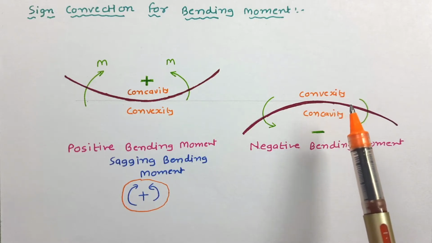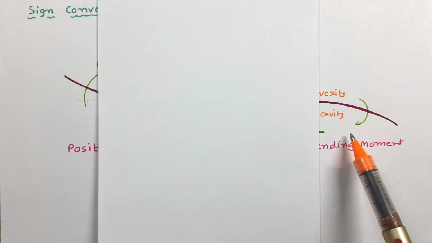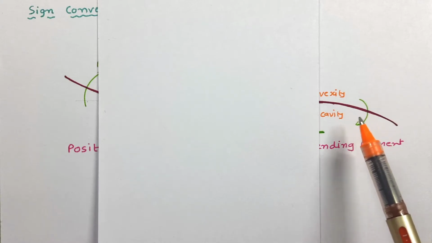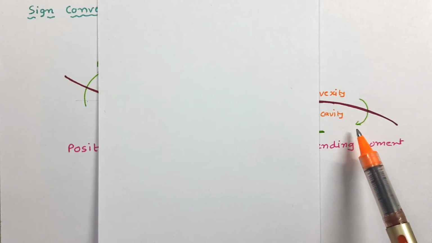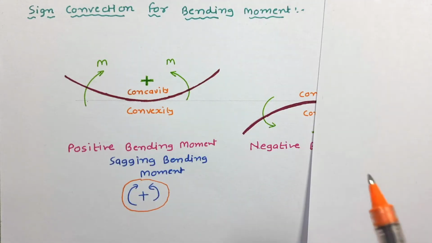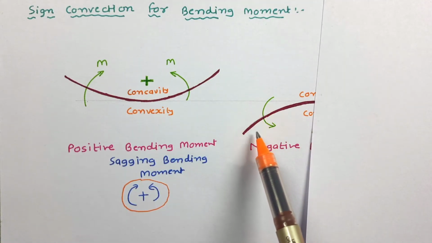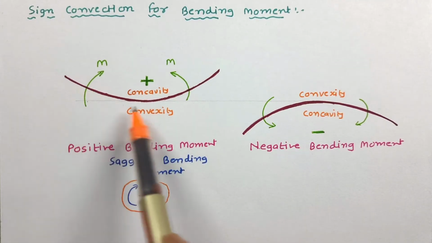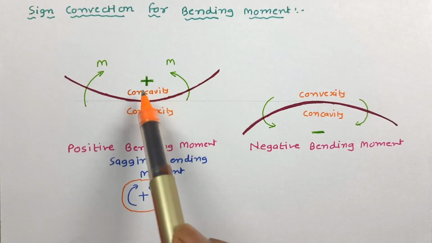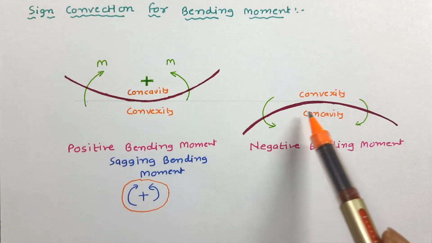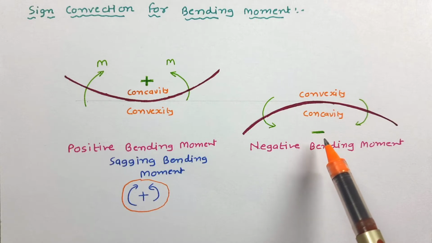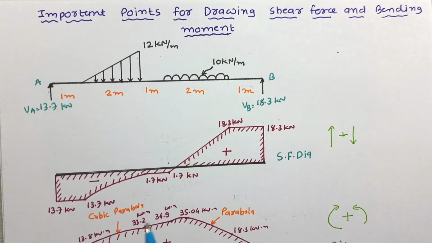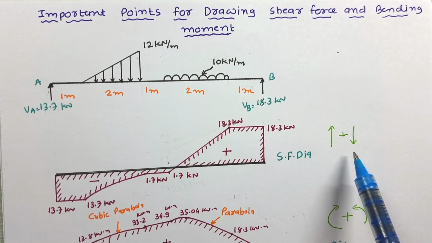So at any section, when on the right hand side clockwise moment is acting, it is negative, or we can say on the left hand side if anti-clockwise moment is acting, it is negative. So we can say this smiling face is for positive bending moment, and this shape is for negative bending moment. So here a shear force diagram is drawn. This is the sign convention for shear force diagram.